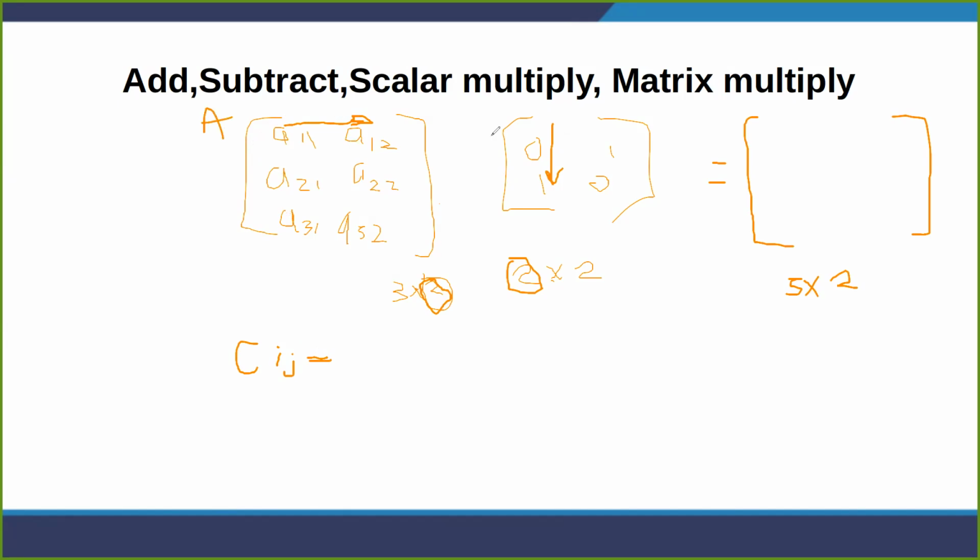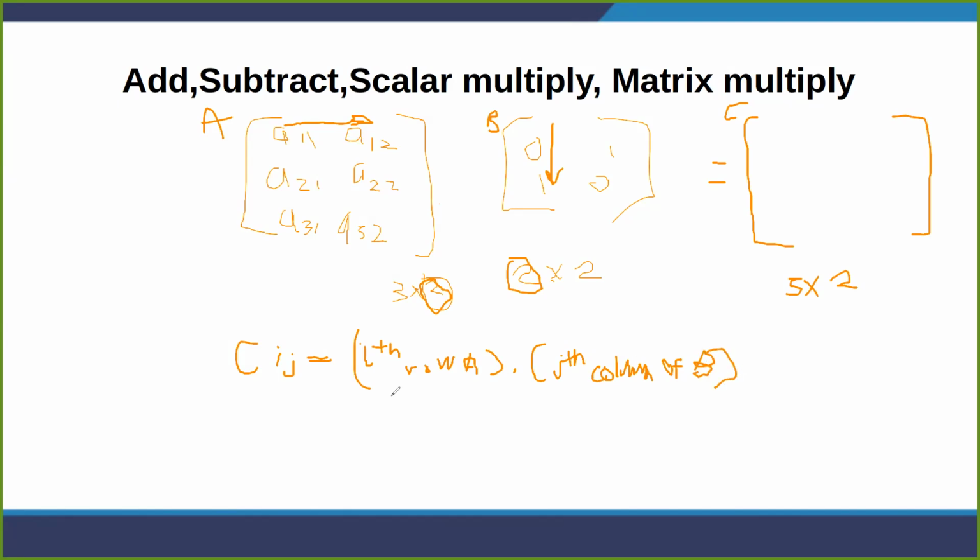This is A, this is B, this is C. There will be C11, C12, C21, C22, C31, C32. How do you represent that? You represent it by the ith row of A, and you will do the dot product of it with the jth column of B.